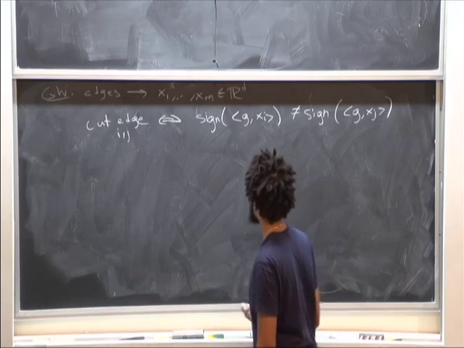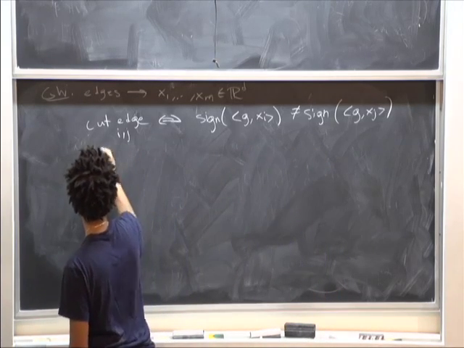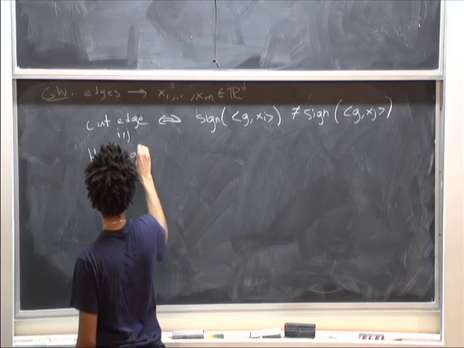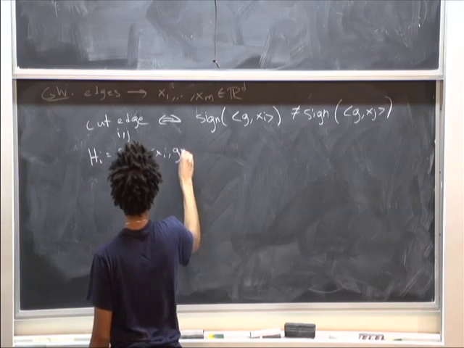So I can define my half spaces: hi is the set of G such that xi dotted G is greater than 0.